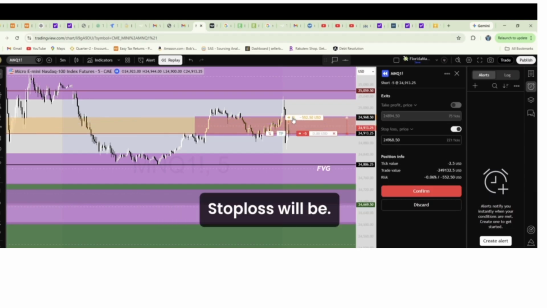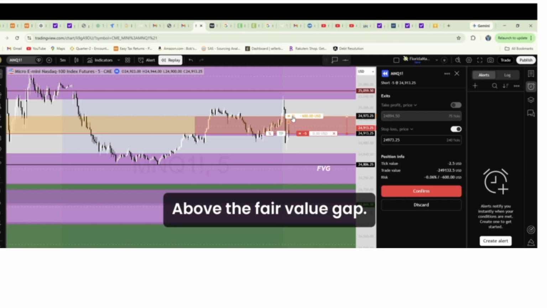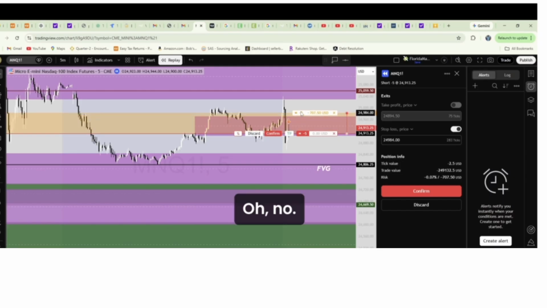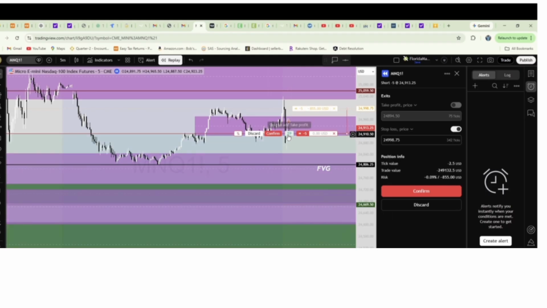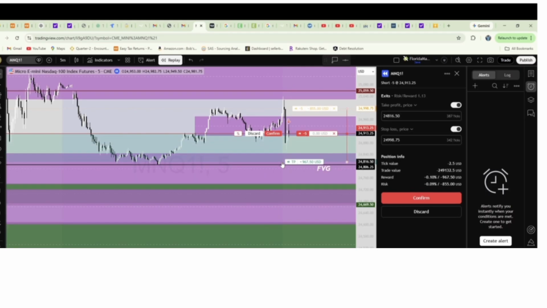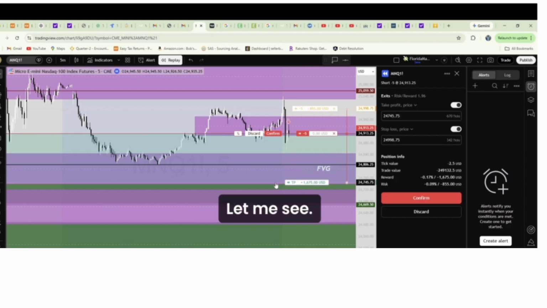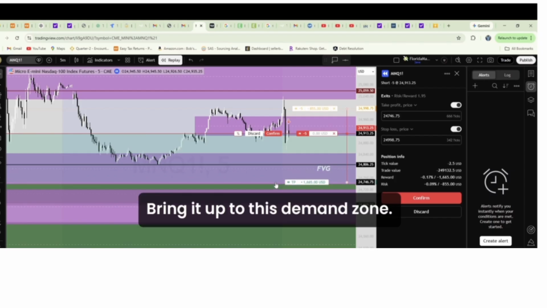Stop loss will be right above the fair value gap. Oh no, above there. That's not what I want to risk. TP. Let me see. Bring TP to this demand zone.